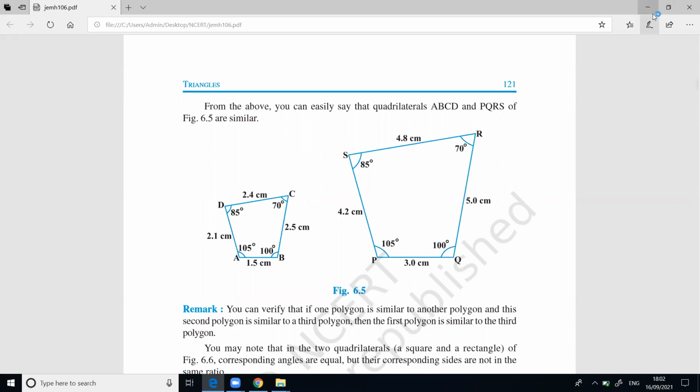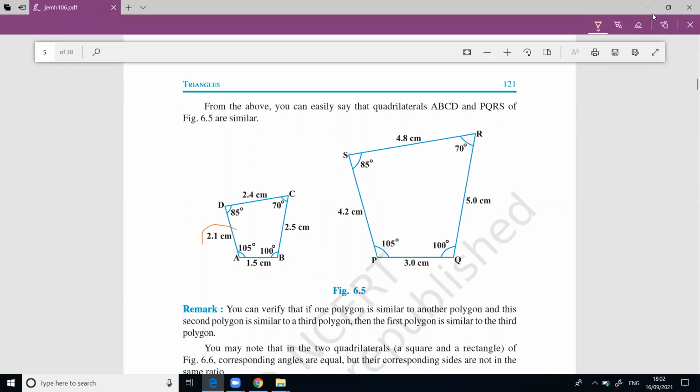You can also see here it is 2.1, so twice of 2.1 is 4.2. Here it is 2.4, twice of 2.4 is 4.8. Here it is 2.5, so twice of 2.5 is 5. Twice of 1.5 is 3. That means these two quadrilaterals are similar because their corresponding angles are equal as well as their corresponding sides are in the same ratio. Is it clear?